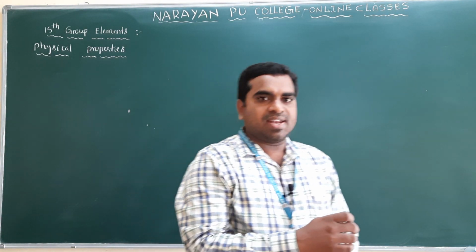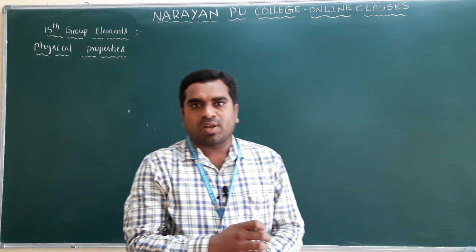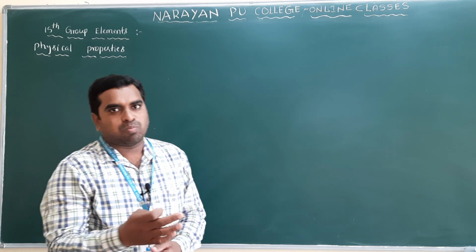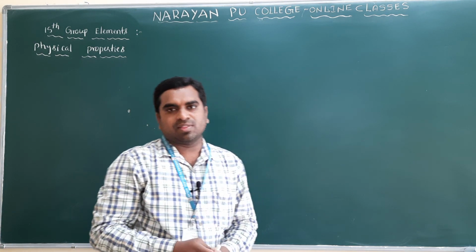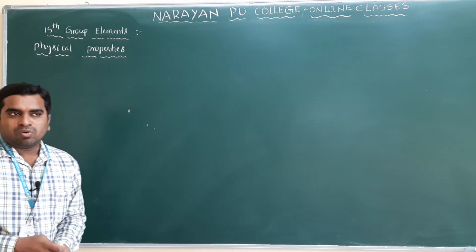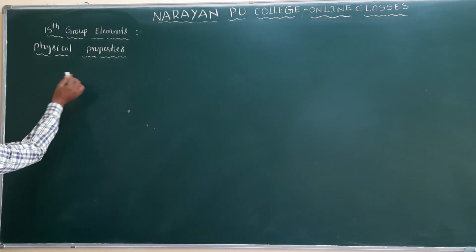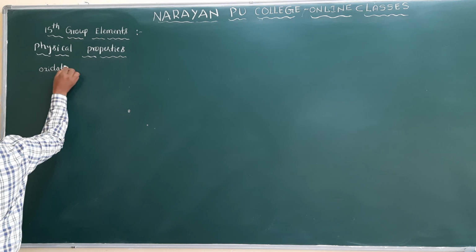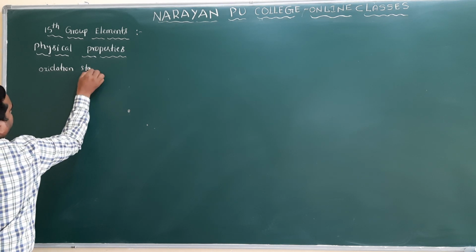Third one is ionization energy. Fourth one is electronegativity, melting and boiling points. So this we have completed in the last video, and now we will discuss about oxidation state. Clear? So next one is oxidation states.